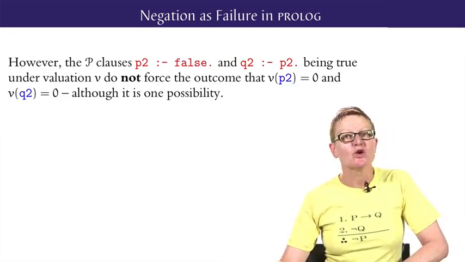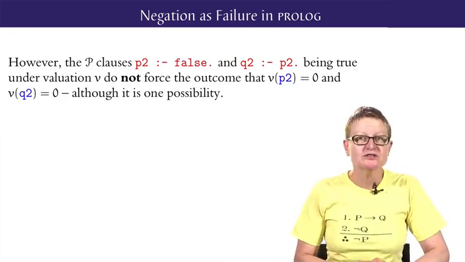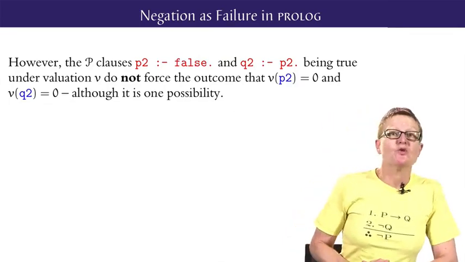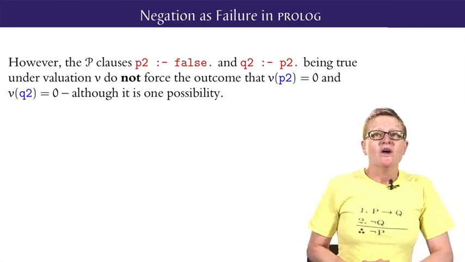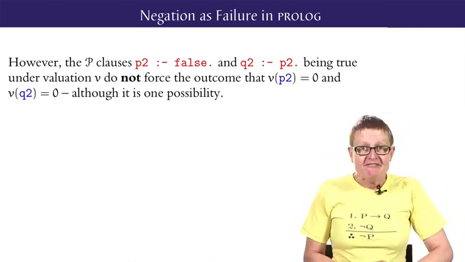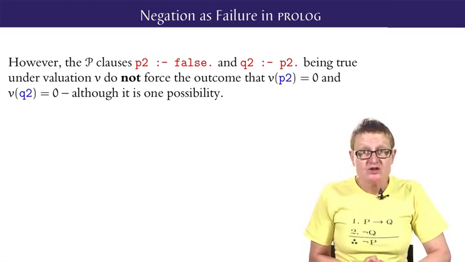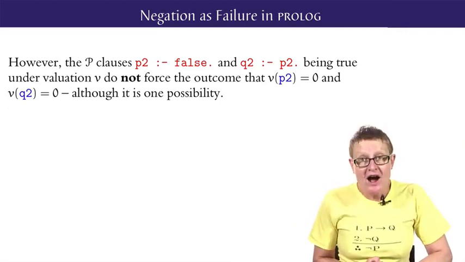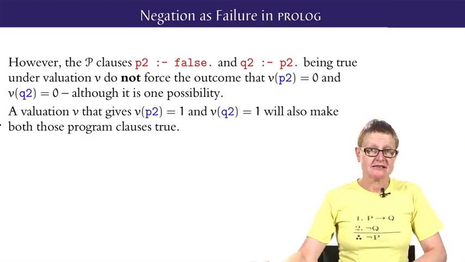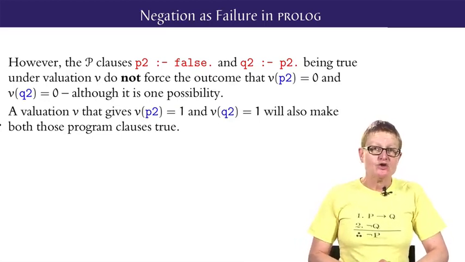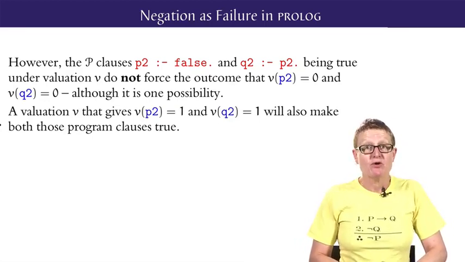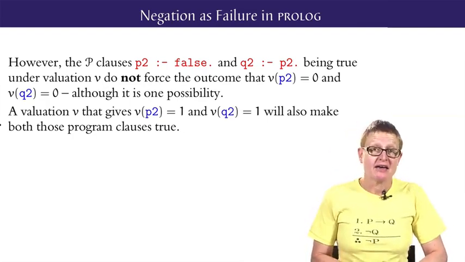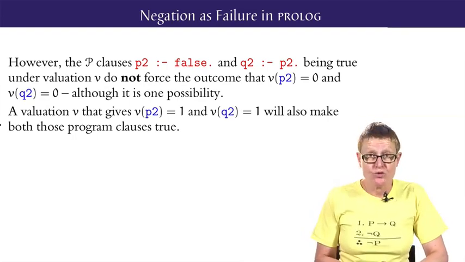However, from the program clauses P2 if false and Q2 if P2 being true under a valuation, we cannot conclude that that valuation must value P2 and Q2 as false. That is only one of several possibilities. A valuation V that values P2 and Q2 as both true is also possible, as it will also make both those program clauses true.